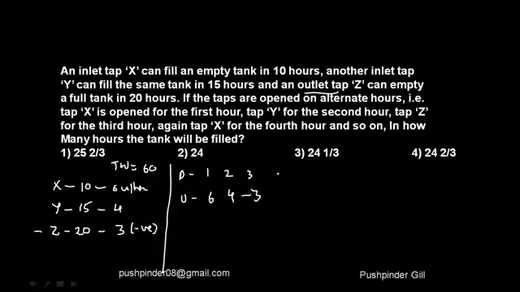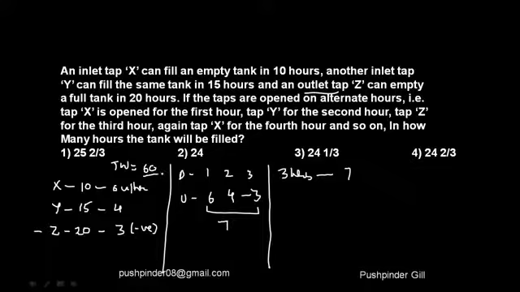So that means in a span of 3 hours, 7 units are filled, right? So this is what is happening. X is opened for the first hour, Y for the second, and Z for the third. So every 3 hours, he fills 7 units.